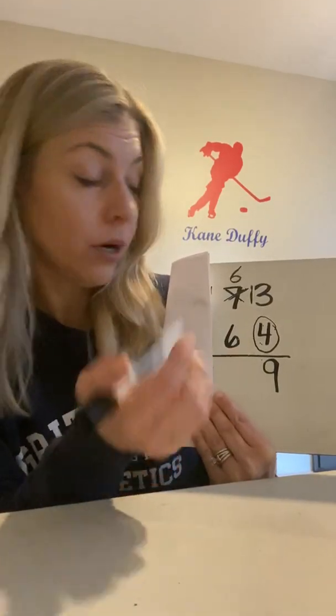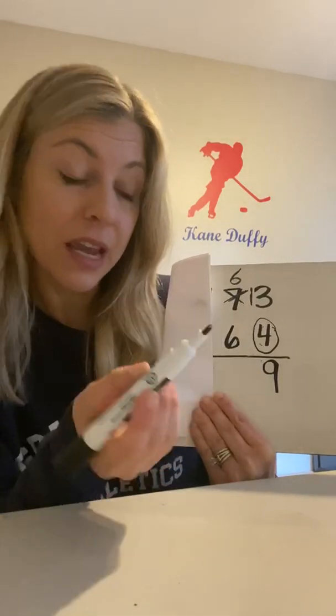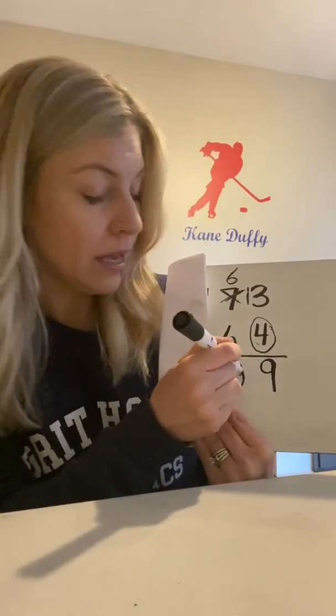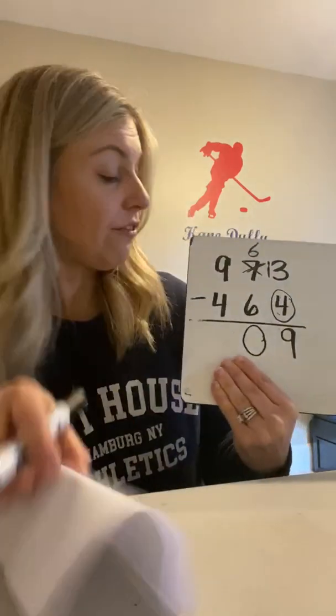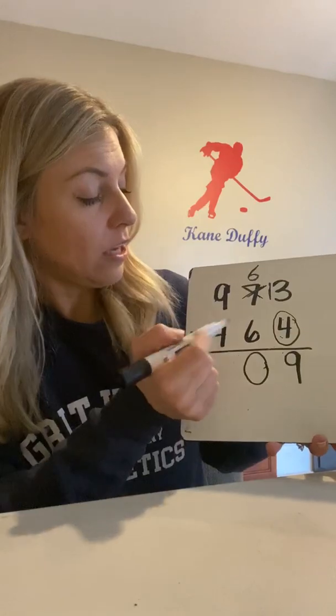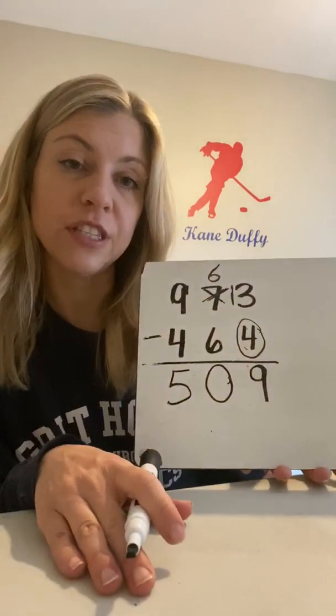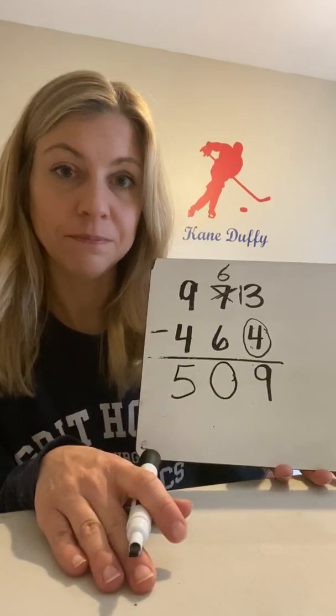Circle the bigger number. Oh, they're both 6s. Numbers the same, zeros the game. Okay, and now I can finally look at my hundreds. 9 take away 4 is 5. Your answer is 509.